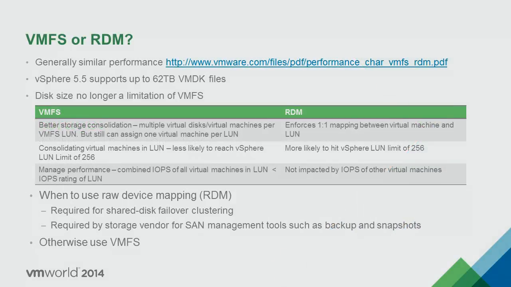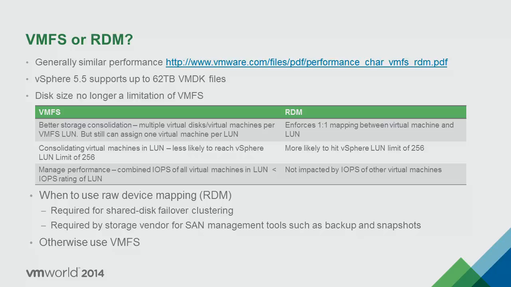All right, so who here wonders, should I do VMDKs or RDMs? Who's still kind of going through that? Of those people who have their hands up, how many of you are thinking about if that applies to SQL Server clusters or not? Okay, so we're going to try to make this as easy as possible.